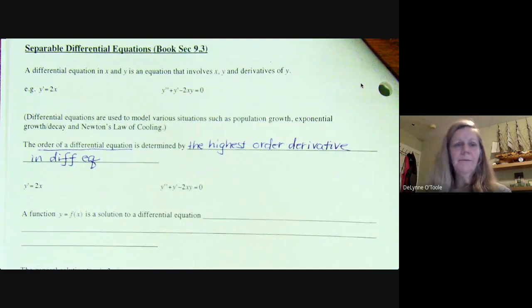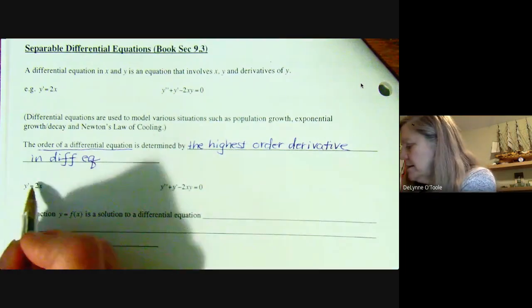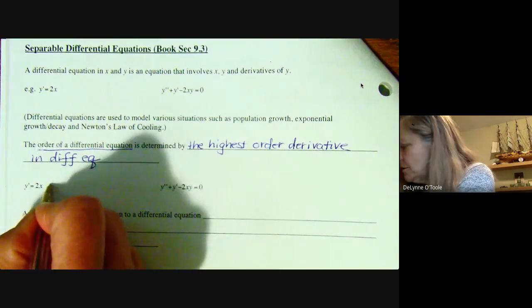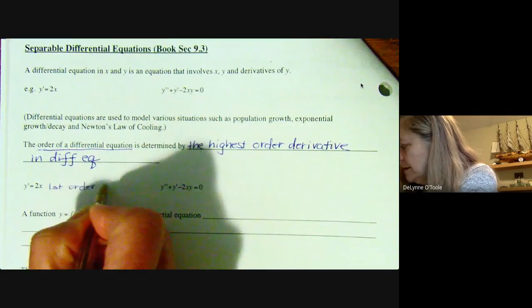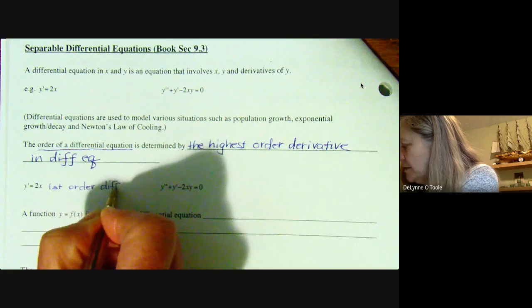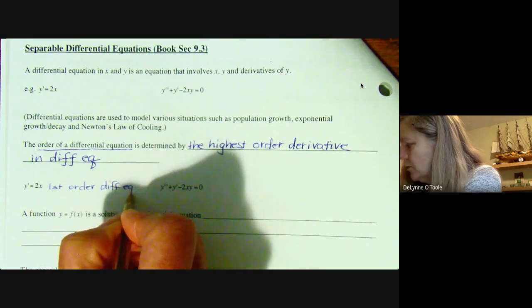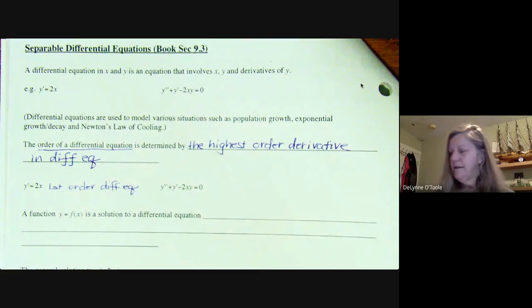So in the two examples that I gave you above, this is a first order differential equation because the highest order derivative that you see there is the first derivative.